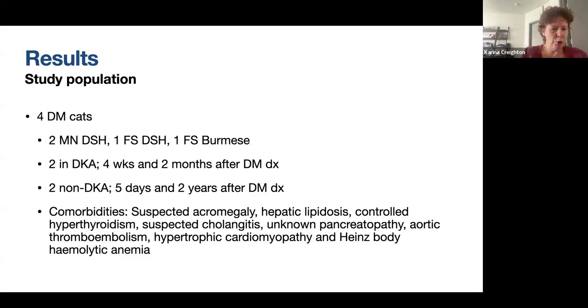The way it was reported was a little bit strange. They talked about 1 patient being euthanized, so they didn't say specifically, but my presumption was that the remaining 3 cats died spontaneously in hospital, but they didn't specifically state that. So there were 2 non-DKA cats, including the 1 cat that was euthanized 2 years after the diabetes diagnosis.